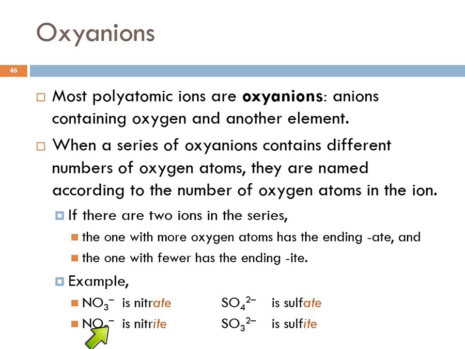The charge is the same, the number of nitrogens is the same, but this has 3 oxygens, that has 2 oxygens. Nitrate and nitrite. This is sulfate and sulfite. Here it's 4 and 3 oxygens. The charge is 2 minus. Ate and ite refer to relative numbers of oxygens.